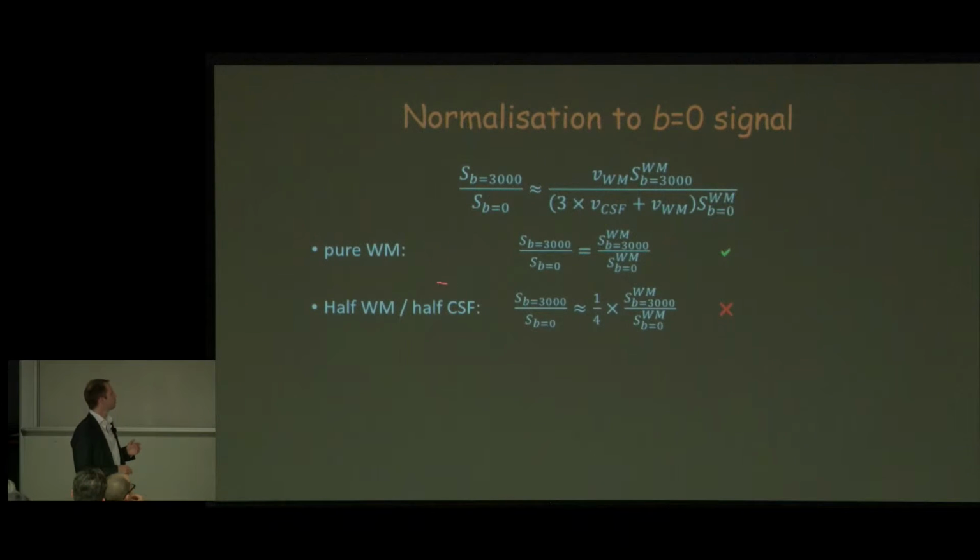If you have a voxel with half white matter and half CSF, then you've got a signal that's basically a quarter of what that was. Okay? If you go through the maths, it falls out quite easily. The point is here, volume fraction 1, volume fraction a half, and yet my estimate of my fiber orientation density from that will be a quarter of what it was.